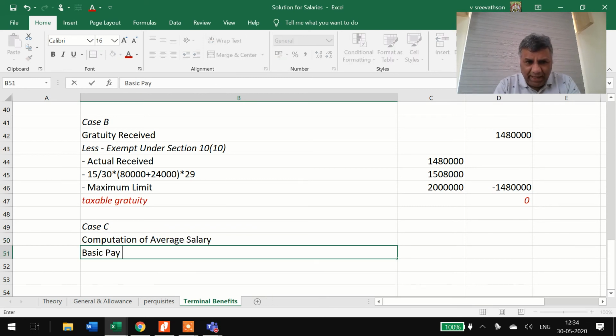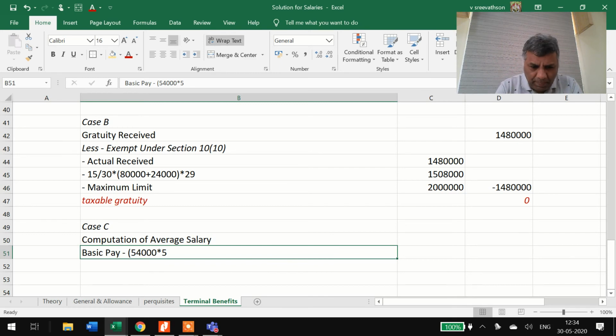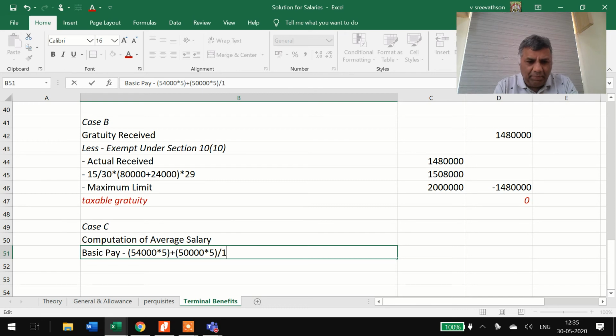Basic pay: 54,000 into 5 plus 50,000 into 5, divided by 10. Any doubt, please ask me. Average of last 10 months. Last 5 months, he was getting 54,000 per month.